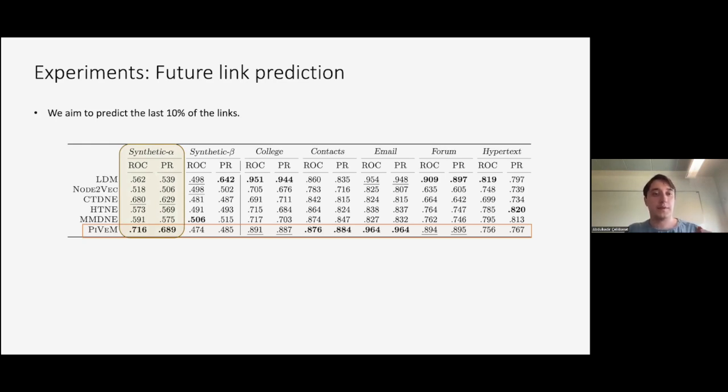But the synthetic beta dataset has a completely random network structure, so it is very challenging to make future link predictions. For some real datasets, our model shows sometimes better, sometimes comparable performance compared to other baselines.